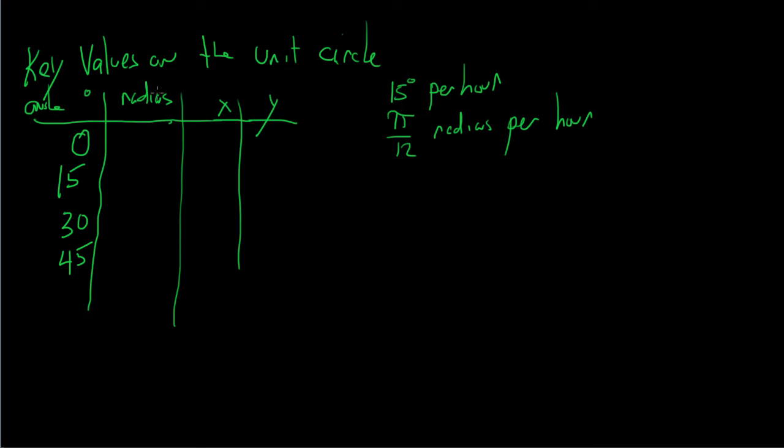The radians are 0, pi over 12, pi over 6, and then pi over 4.